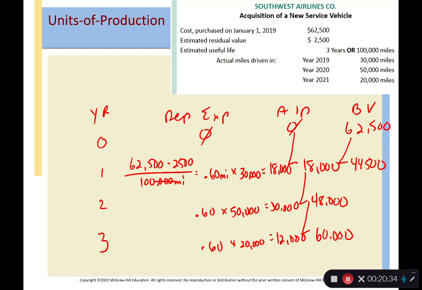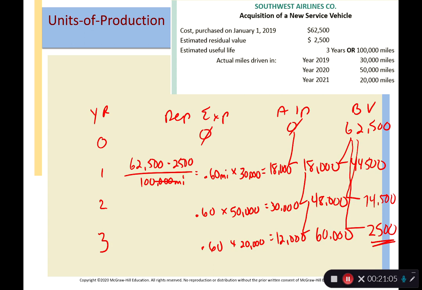Then we're going to do 62,500 minus 30, which gives me 62,500 minus the 48, which is 14,500. And then 62,500 minus 60, which is 2,500. And ding, ding, ding, that's the residual value, so I know I've done it right.